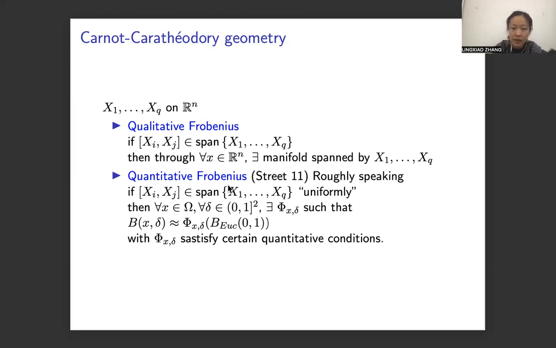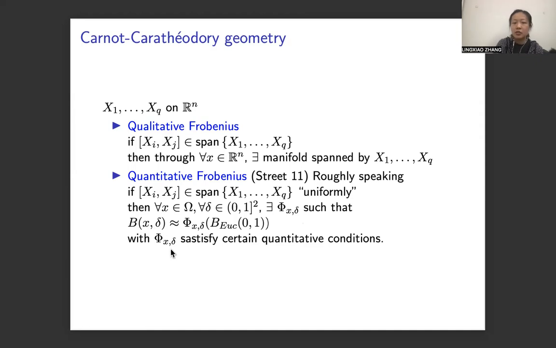Roughly speaking, if our vector fields satisfy the involutive condition uniformly, then for every point x in the domain and for every delta with 2 dimensions, there exists a corresponding local diffeomorphism such that the Carnot-Carathéodory ball with center x and radius delta is comparable to the image under this local diffeomorphism of the Euclidean unit ball with the same dimension as the Carnot-Carathéodory ball.